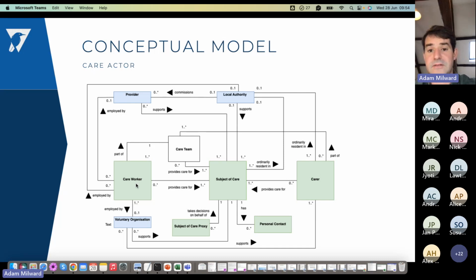Both the subject of care and the carer are ordinarily resident in a local authority, and there are some obligations of the local authority that are relevant for that. We've got our subject of care proxy, who could be taking decisions on behalf of the subject of care, and then potentially personal contacts. So that's the general model that we're trying to work to.